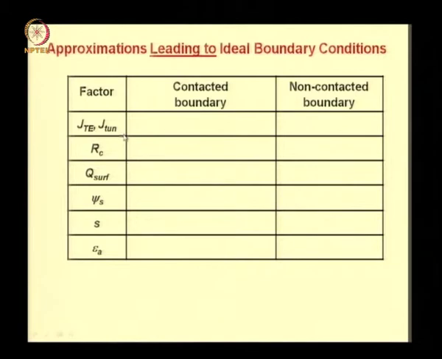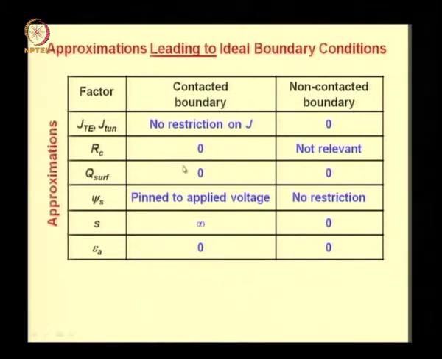Now let us look at the approximations leading to the ideal boundary conditions. Again we will quickly reproduce from our earlier discussion. So these approximations pertain to the factors which affect the boundaries, which are listed in this column, and these are the approximations which we normally make to get ideal boundary conditions.